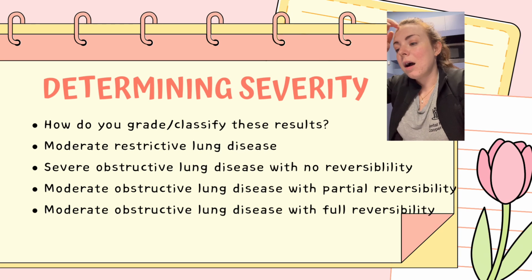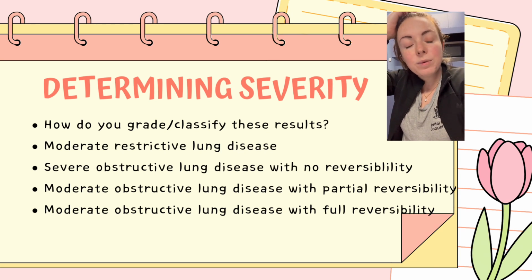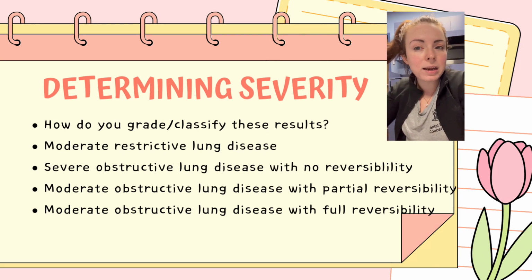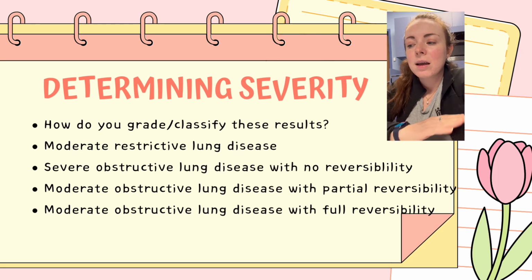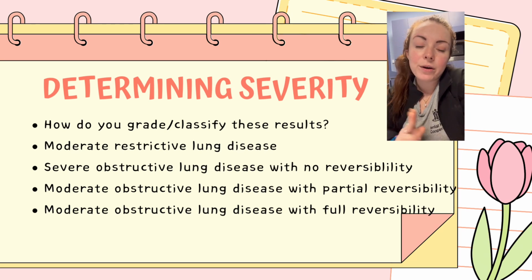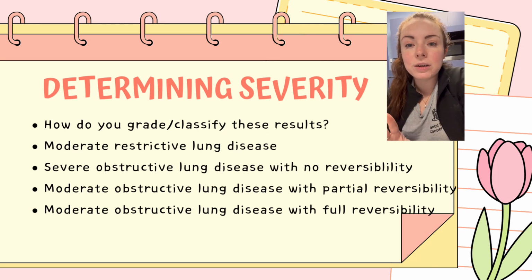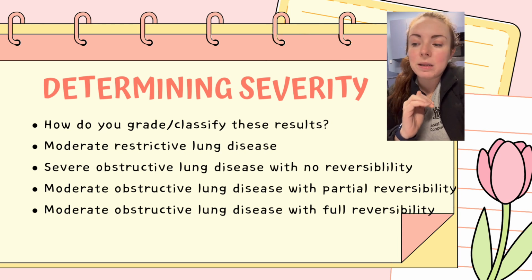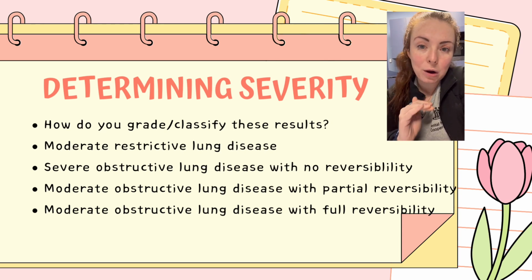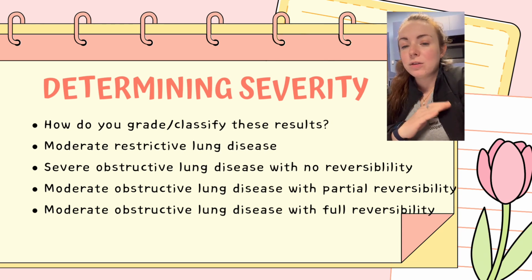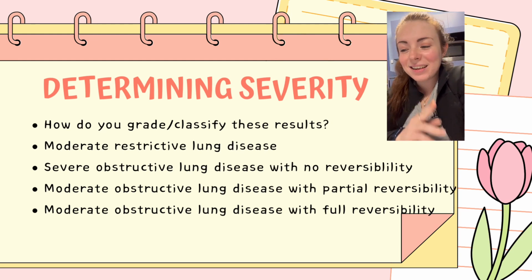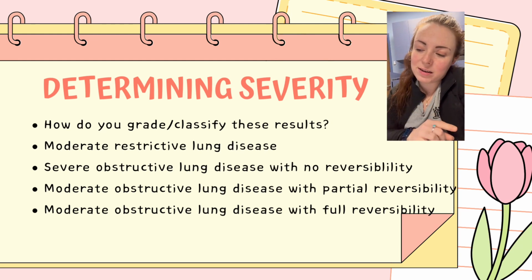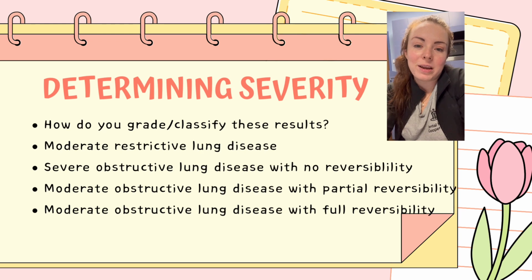And we do have partial reversibility because it increases by more than 12% and 200 milliliters, but the increase does not go back to a normal amount, because the post-FEV1 is below 80%. So our answer is C, moderate obstructive lung disease with partial reversibility.